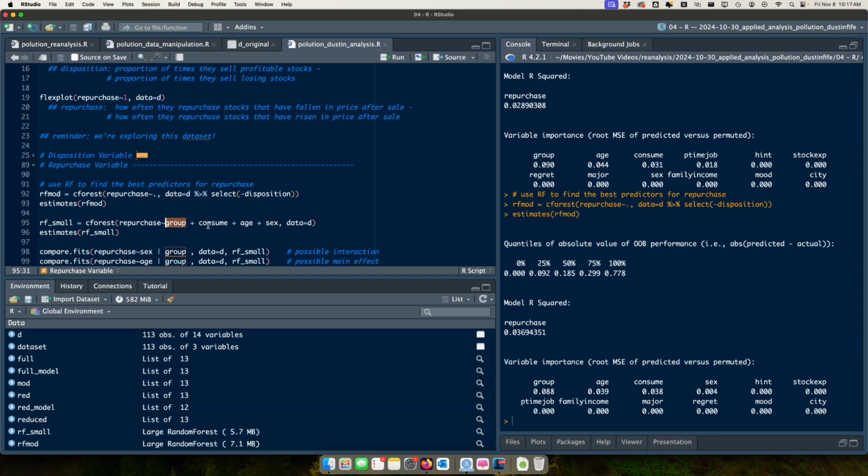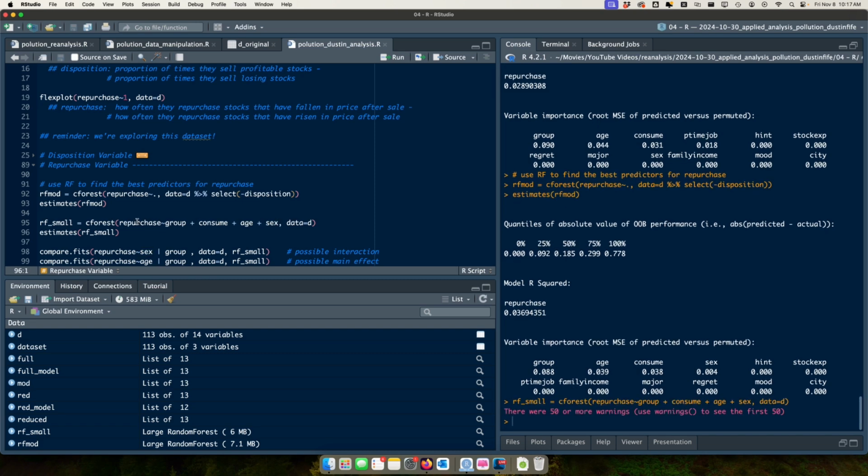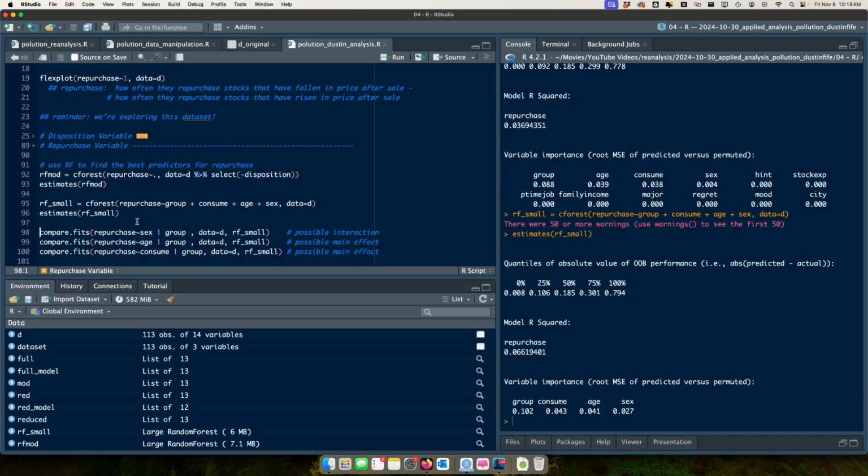So I'm going to put group, consume, age, sex in there, run that model, compute these estimates, and the model R squared is 6.6% of the variance explained-ish. And then the biggest predictor again is group, followed by consumption, then age, then sex.